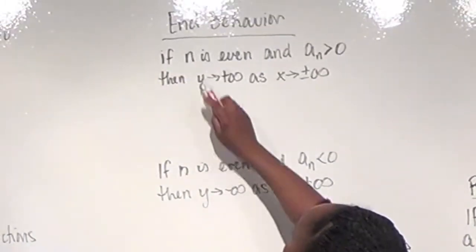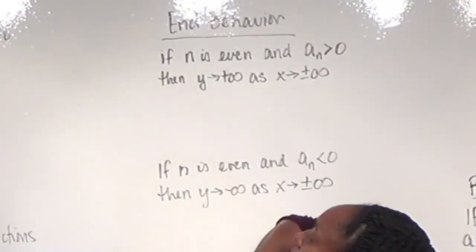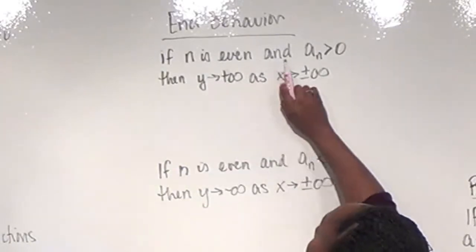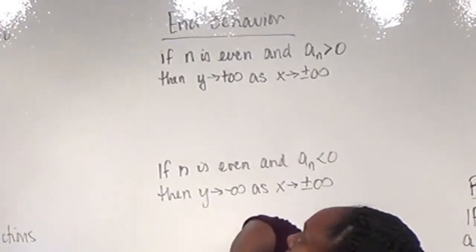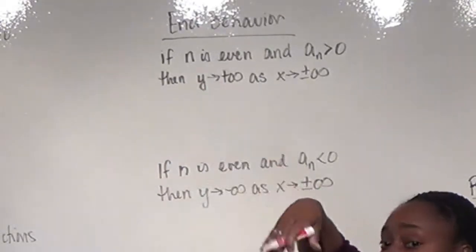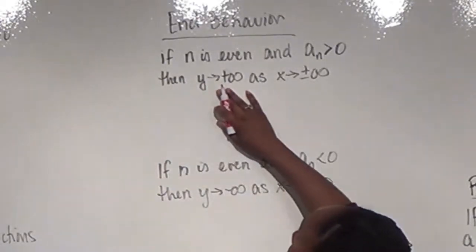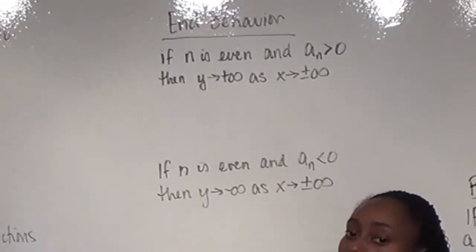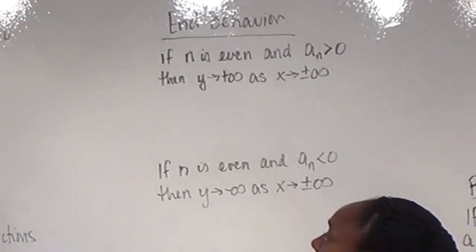Okay? So if my degree of my polynomial is even and my leading coefficient is greater than 0, then y, meaning my function value, is going to go to infinity as x goes to both positive and negative infinity. Okay?